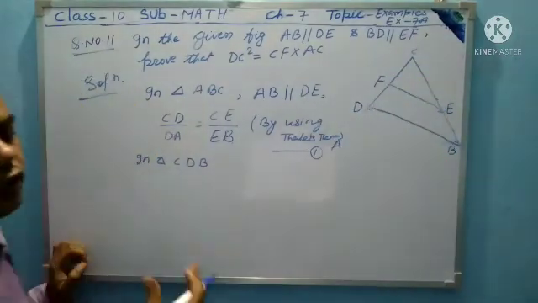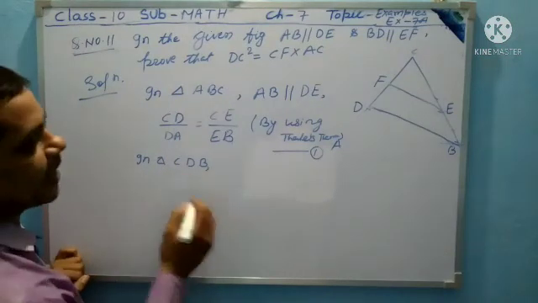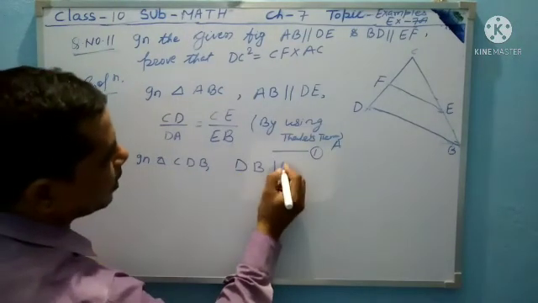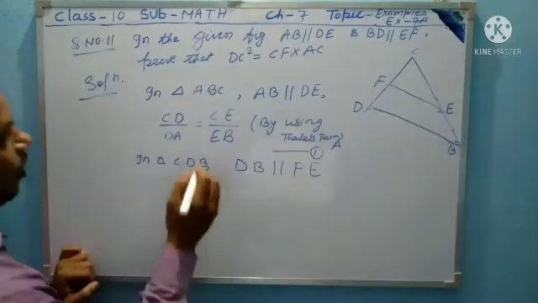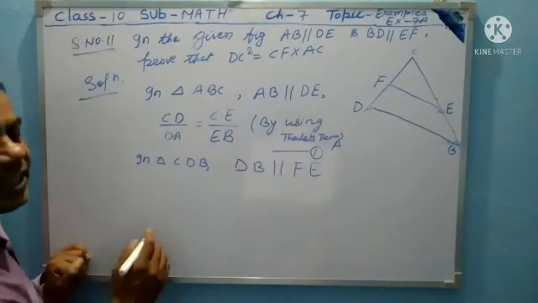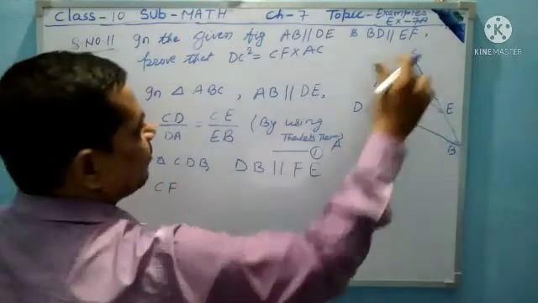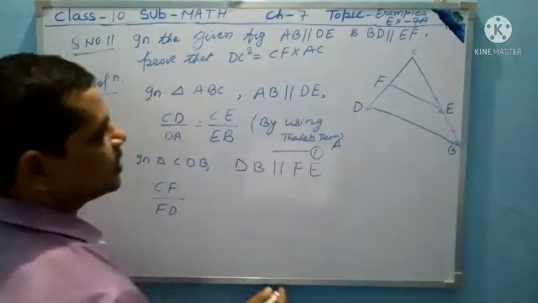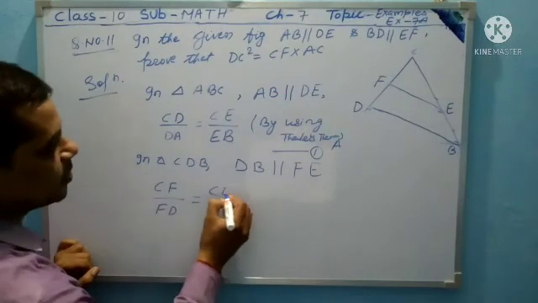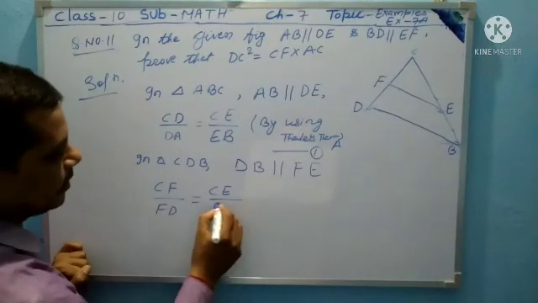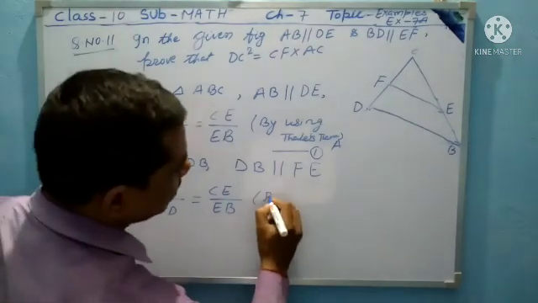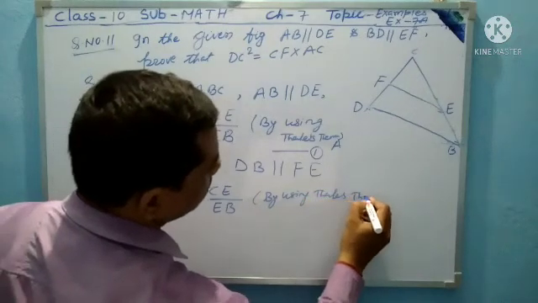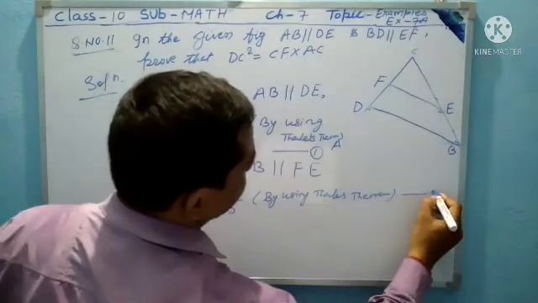So now we use the Thales theorem. Taking CF and FD, CF by FD is equal to CE by EB, by using the Thales theorem. So that is equation number second.